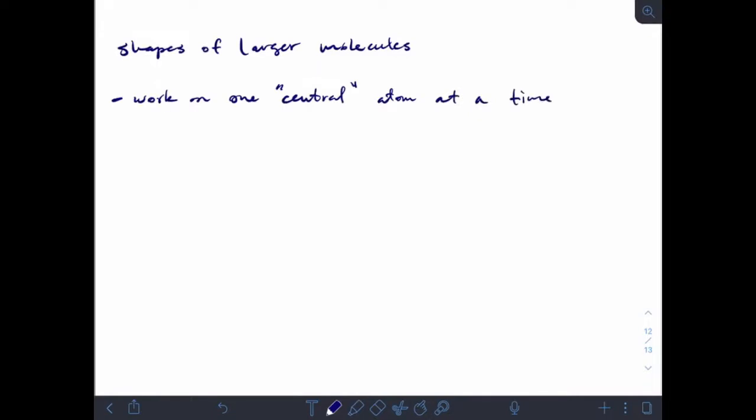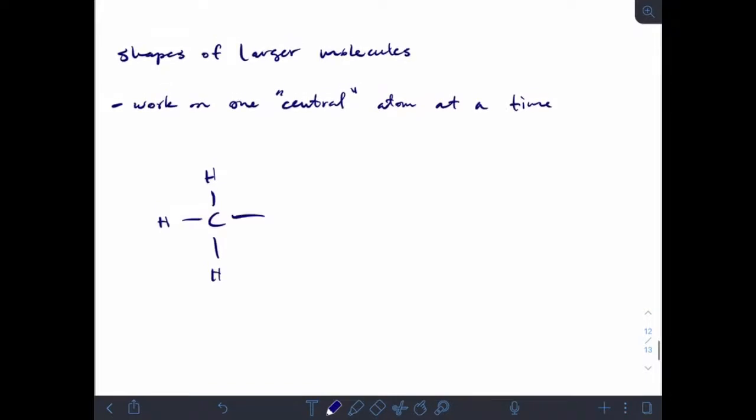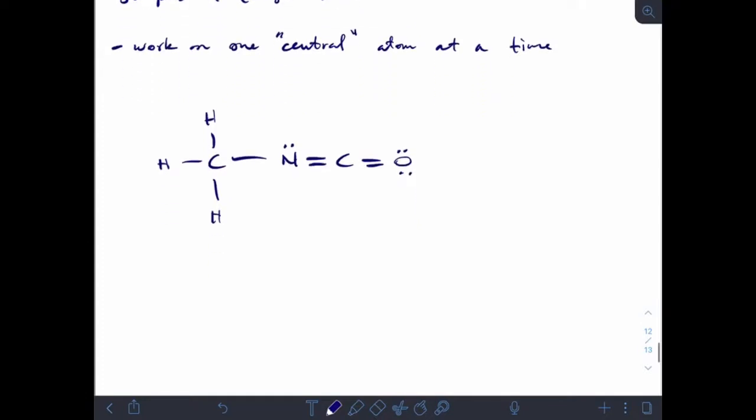Okay, so if you have a molecule that looks like this one, what we're going to do is focus on each of the central atoms. So there's a central carbon, a central nitrogen, a central carbon. And we're going to apply the basic ideas for each scenario.